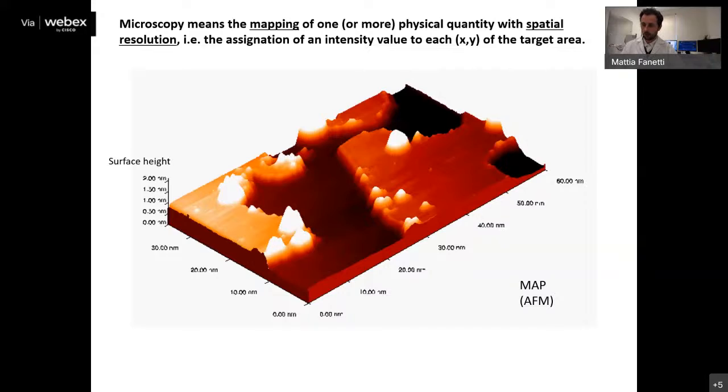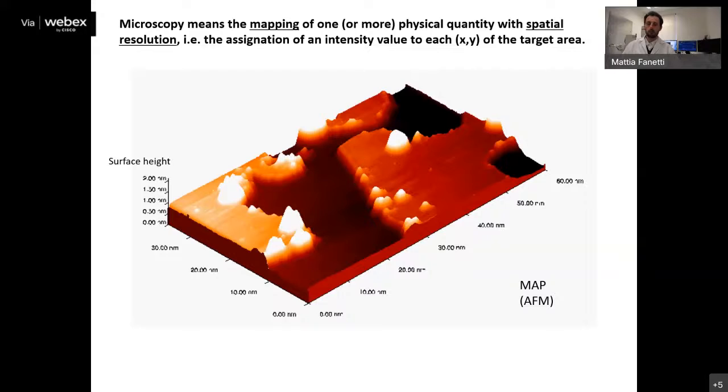So the data set, the map, can be represented as a matrix of x and y points, and in each point I plot the value of the physical quantity that I'm measuring, in this case the surface height.